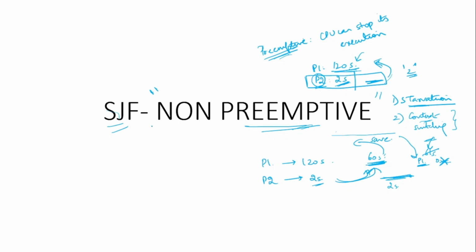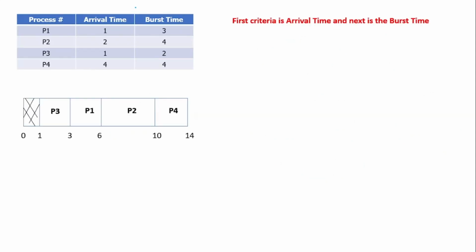Now we'll look into the non-preemptive version of SJF, the shortest job first algorithm. In shortest job first, the criteria is to look at the arrival time first and then the burst time of a process. The algorithm says that any process which has the shortest burst time will be executed first, so that there is no problem of starvation.